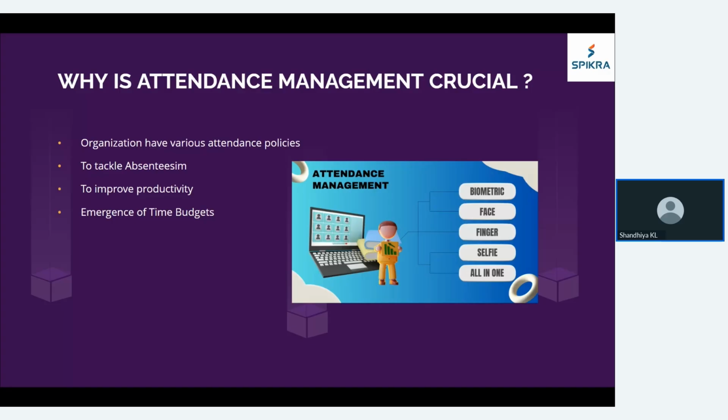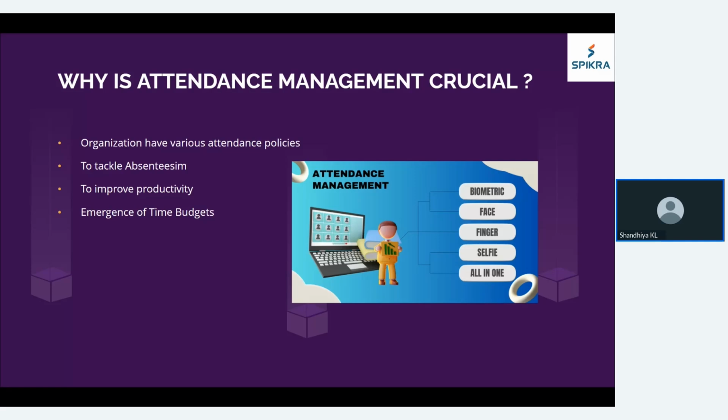Zoho People. The processing logic follows this sequence: when the check-in punch is captured, the allotted shift is identified, then policy validations are applied, and attendance is finalized and the data is sent to timesheet or payroll.